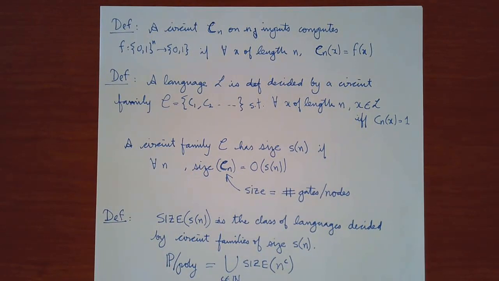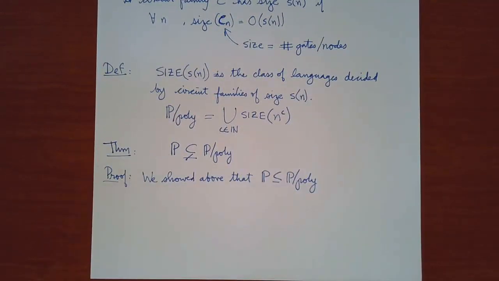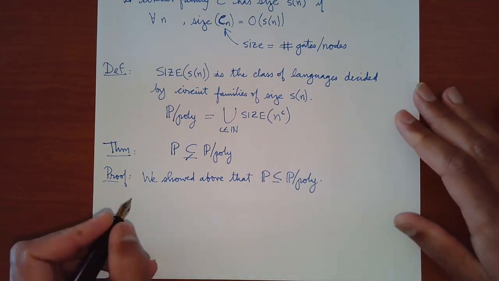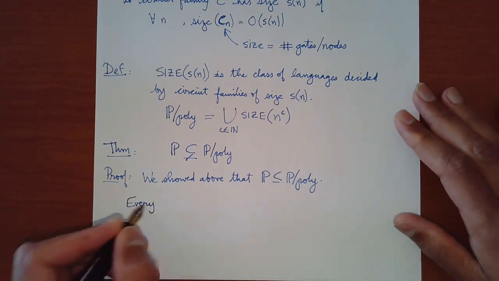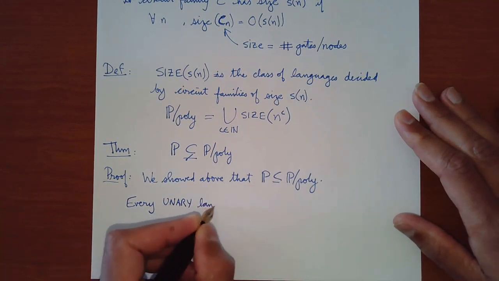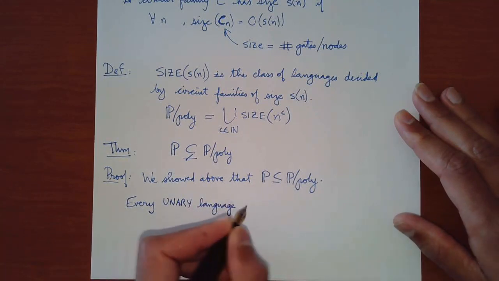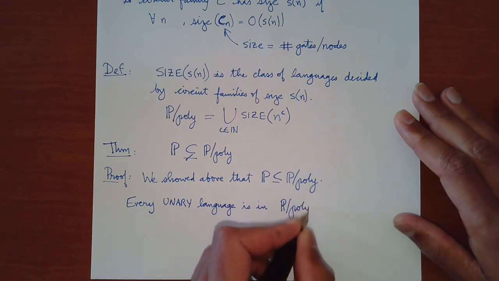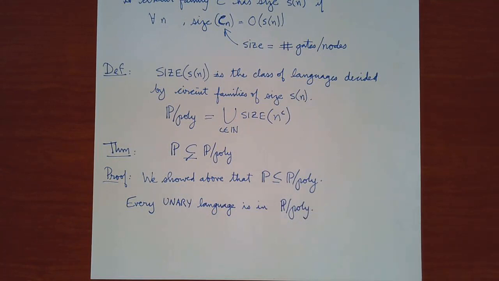Okay, now let me make a claim over here, and this is a seemingly trivial claim. Every unary language is in P/poly. Every unary language can actually be computed in P/poly.